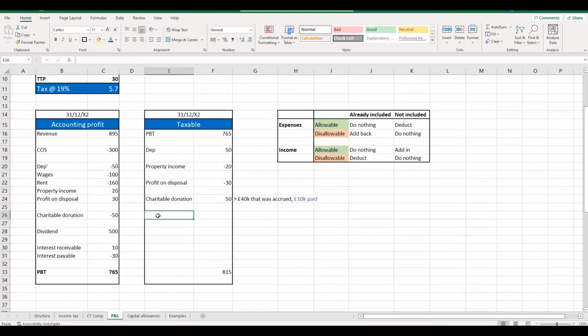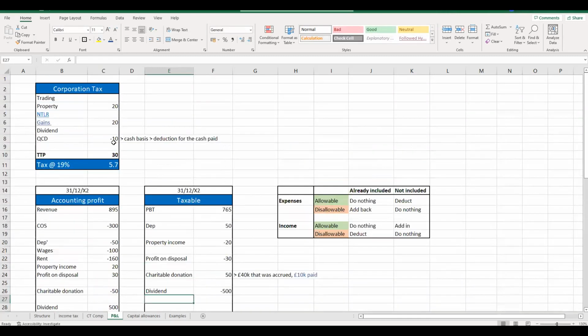So then dividends, the next, and this is one rule, like I've said already, that you just need to remember: dividends are exempt from corporation tax. The dividends, of course, were income. They've increased the profit before. So again, we're going to have a negative. We're going to remove them from our taxable profits.